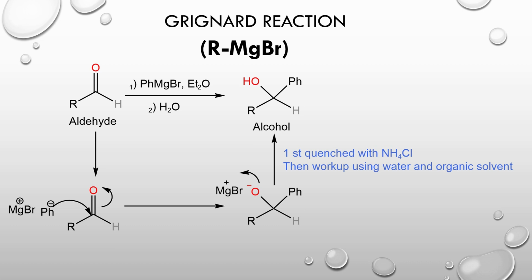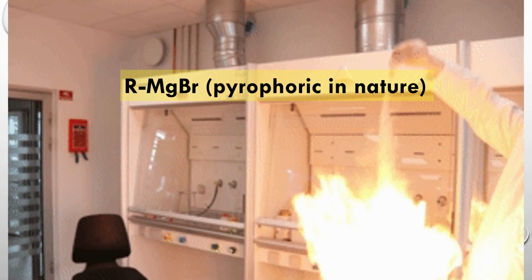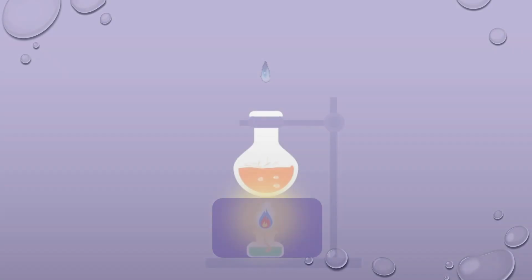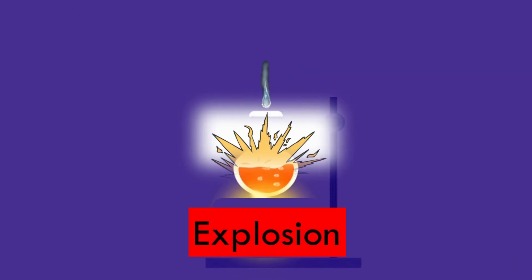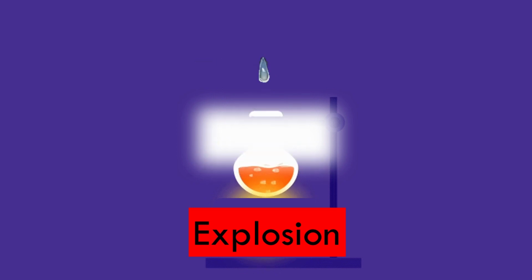One thing very important about this reaction that we must keep in mind is that organometallic reagents are pyrophoric and can catch fire very easily, so keep them away from water. For this reagent, a trace amount of water can also be very dangerous.